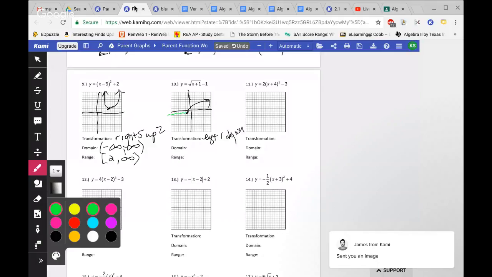It's negative 1 to infinity, with a hard bracket by the negative 1 and then the curvy one next to infinity. And our y starts there, so it's going to be the same thing. Negative 1 to infinity. Good job.